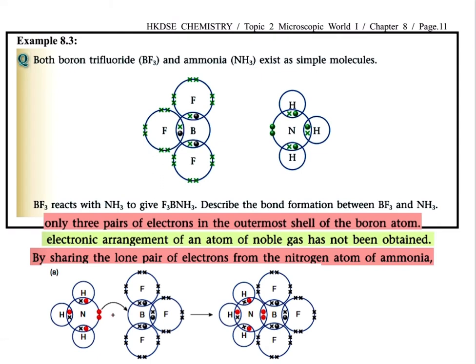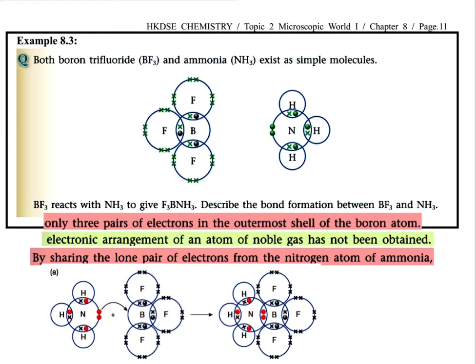Okay, another example here, Example 8.3. I will do it with you because dative covalent bond is difficult. For BF3, originally for F it is octet. First of all, let us find which species is electron deficient, that means does not have enough electrons.